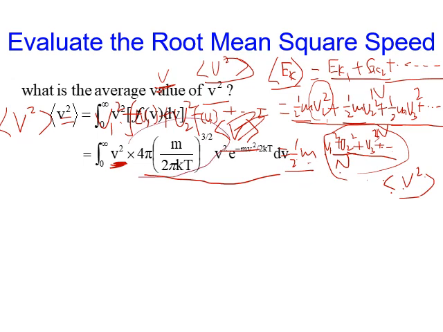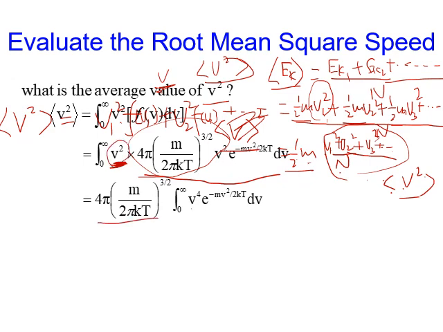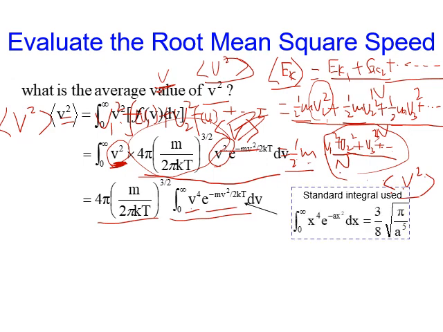Again, we move all the constants out of the integral, and inside, because now it's v squared and here is also v squared, you get v to the 4th power times e to the negative mv squared divided by 2kT. To integrate this one, we look at a standard integral, which says x to the 4th power times e to the negative a x squared, integrated from 0 to infinity, should give you 3/8 square root of pi over a to the 5th power.